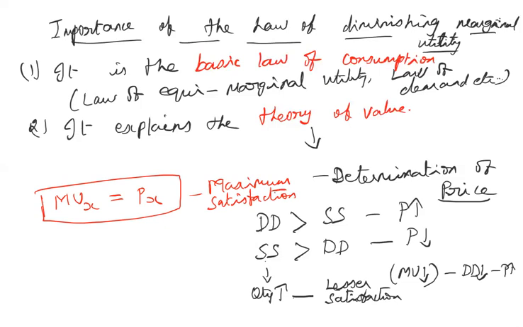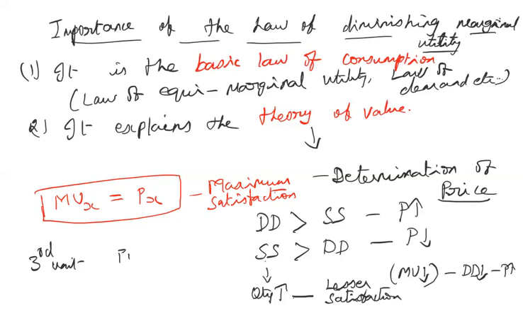See, for example, we have our table. In the table, the total satisfaction and the marginal satisfaction keep on decreasing. For example, as per our table, when the consumer consumes the third unit, what is happening?